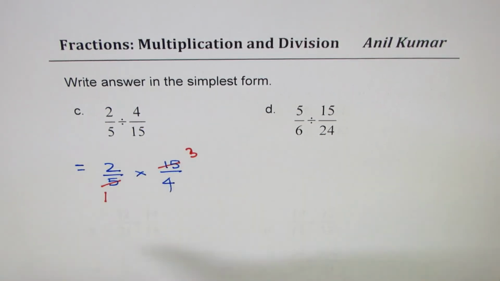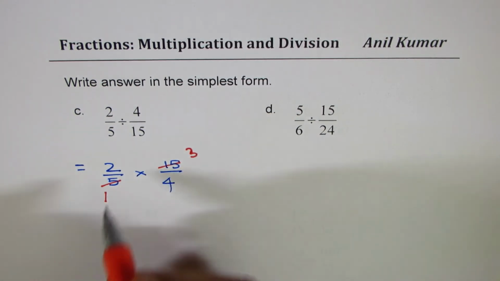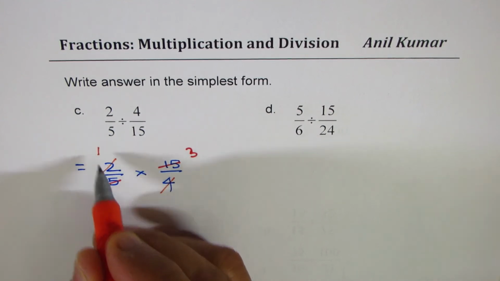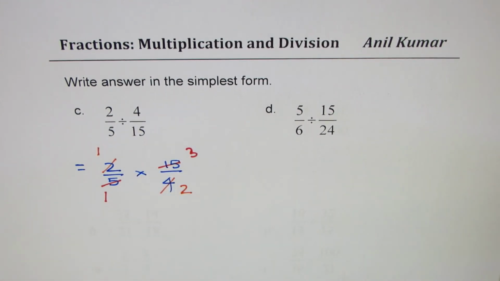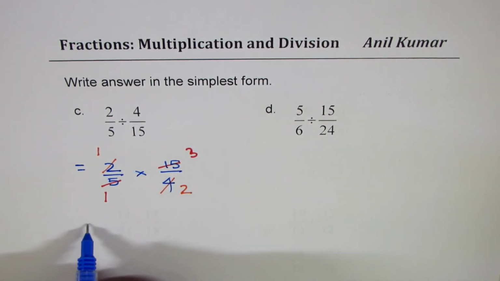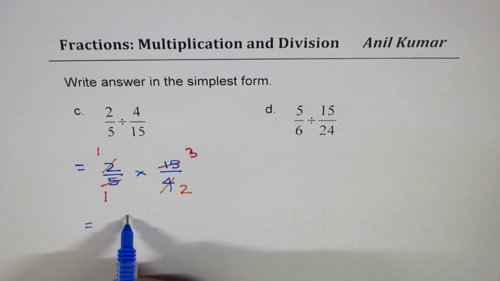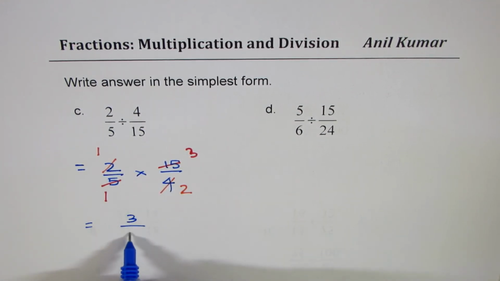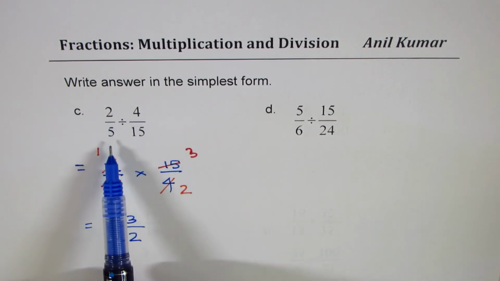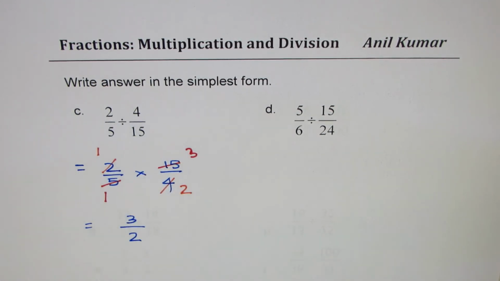So 3 times 5 is 15. On the other hand, you could simplify 2 and 4. 1 times 2, 2 times 2. Now we can write down the answer, which is 1 times 3 is 3 and 1 times 2 is 2. So that is the result of dividing 2 over 5 by 4 over 15.